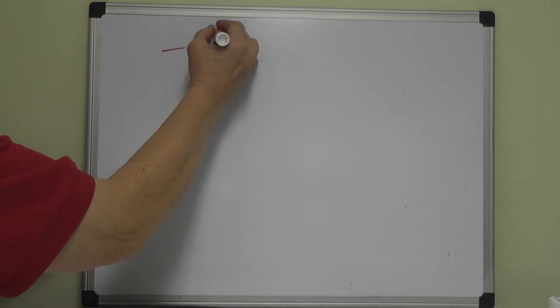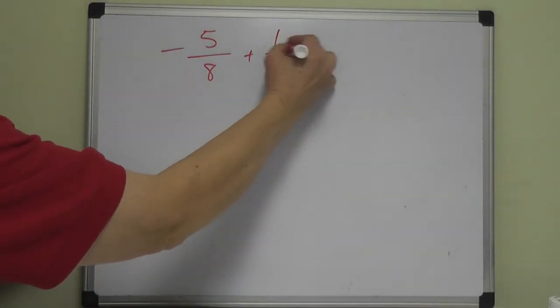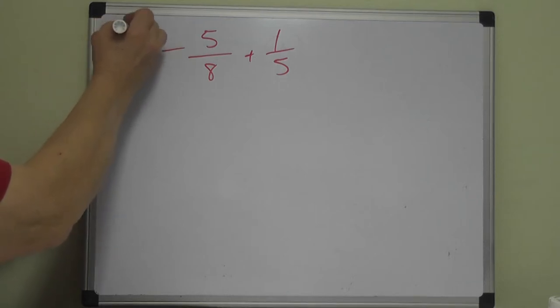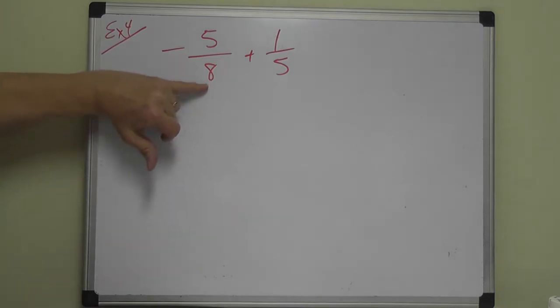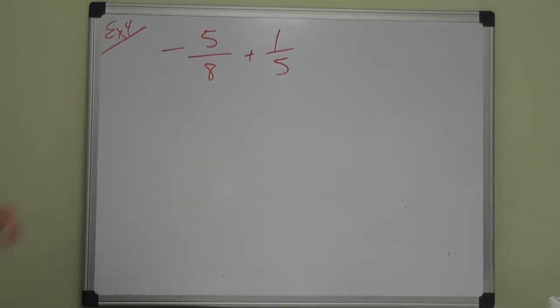So we are now on page 222 and we're having some practice here of adding together fractions that have different signs. We have negative 5/8 plus 1/5. In order to solve this problem, again, you have to go through the step of finding the least common multiple, which is going to be 40, and renaming these fractions so that they have a denominator of 40.